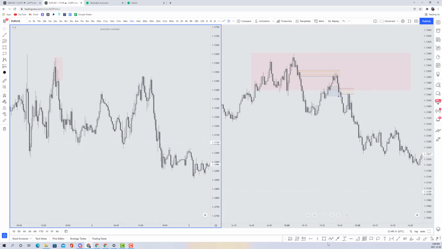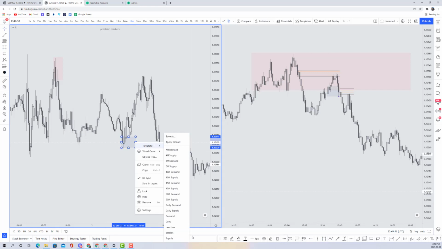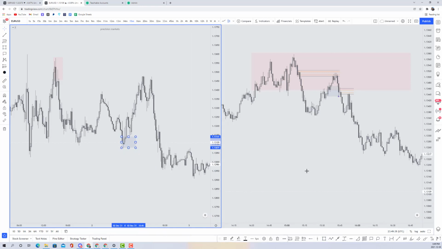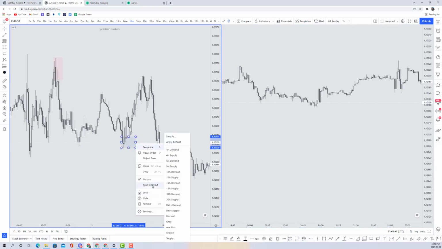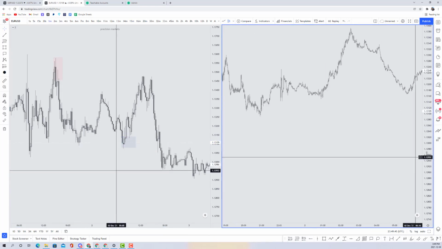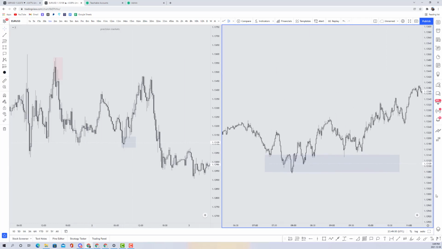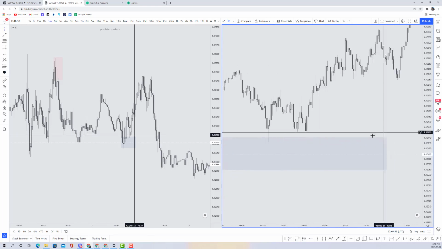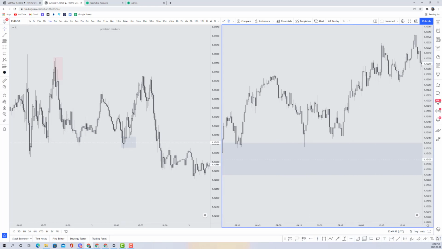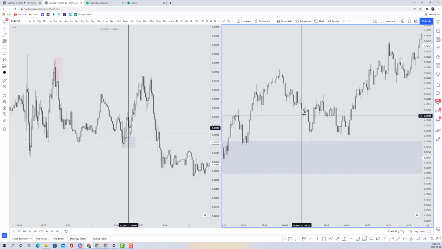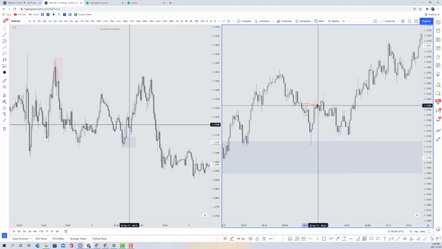On the flip side of things, if we were looking at this London chalk, I am willing to bet there is an entry there. Let's actually just sync. So again, you tap into the zone and you once again have sweep the lows, sweep the highs.